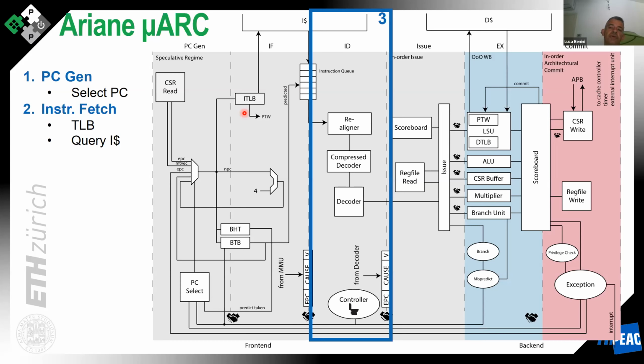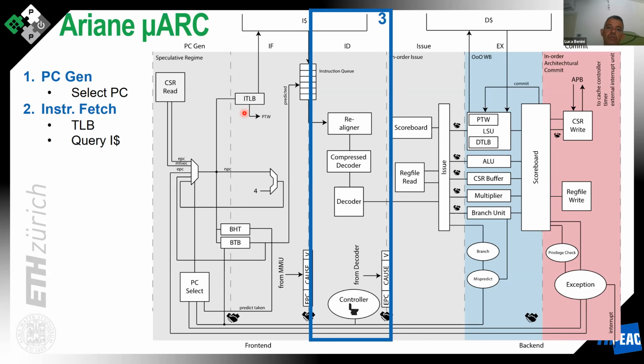Instruction decode for RISC-V is complicated by the fact that we support the compressed instruction spec, which means that fundamentally the instructions are a mix of 16-bit instructions and 32-bit instructions. So there you need the realigner of the instruction stream.